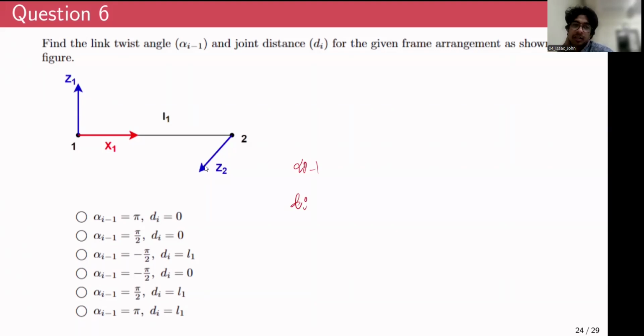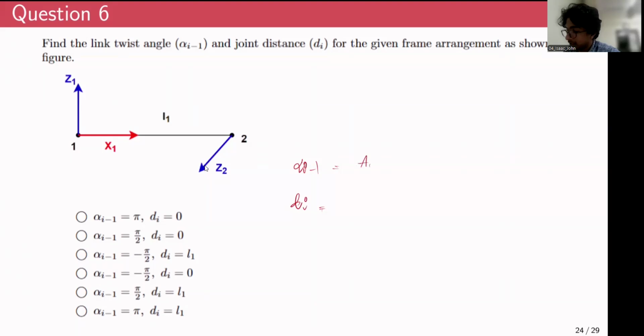So what is this link twist angle? What does that essentially mean? Any answers? Z1 and Z2 along X1, no, sir? Okay, yes, correct.